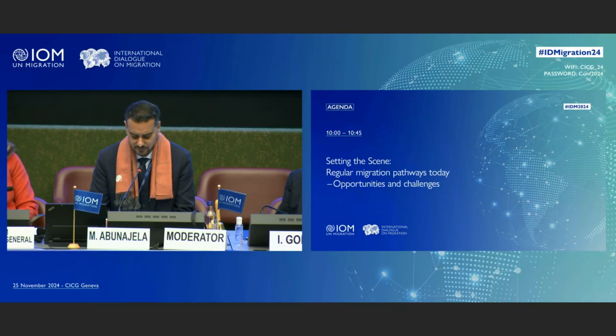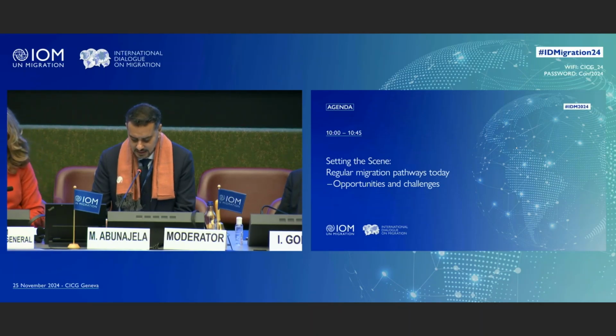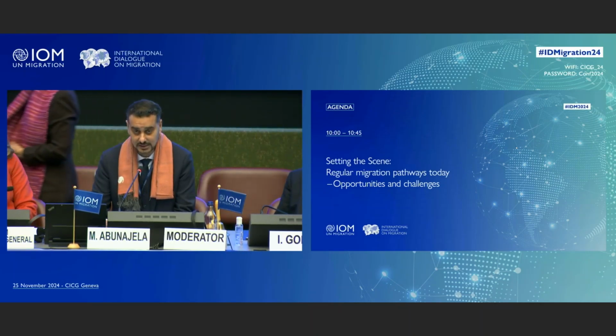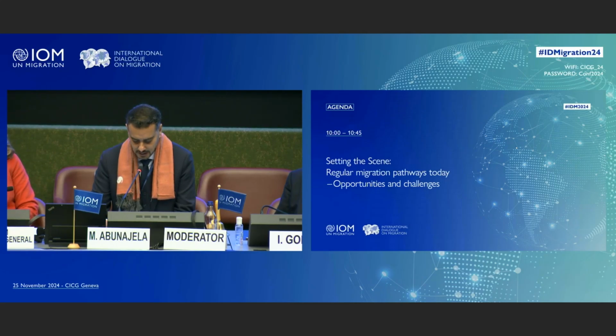Regular pathways for migration are integral to delivering on the promise of migration to address global challenges. Where and how people migrate, with what outcomes, depend largely on the options available to them.